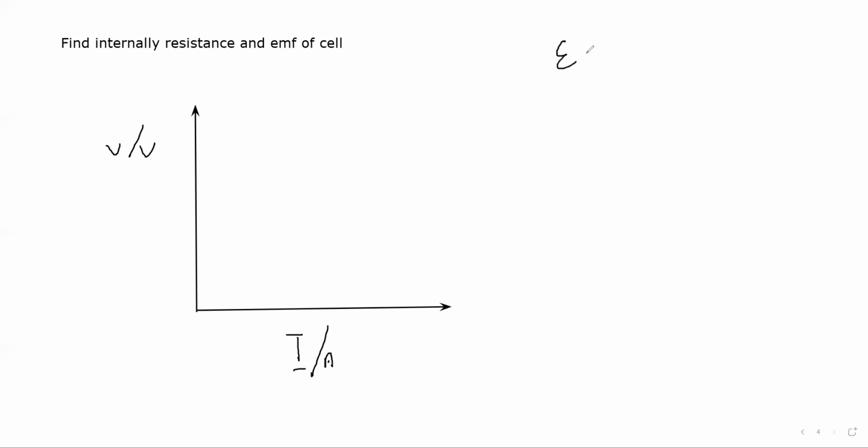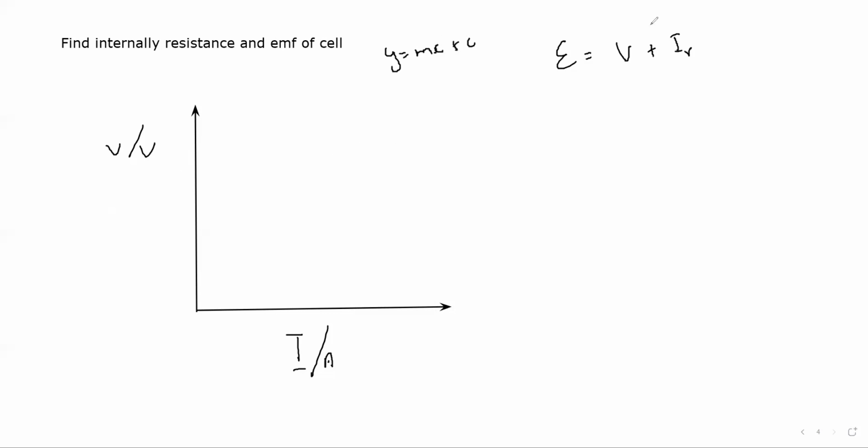We have the formula that EMF is equal to V plus Ir. V is the external voltage and Ir is the internal voltage. But I want to sketch a graph between V and I, so I have to rearrange this equation like y equals mx plus c.